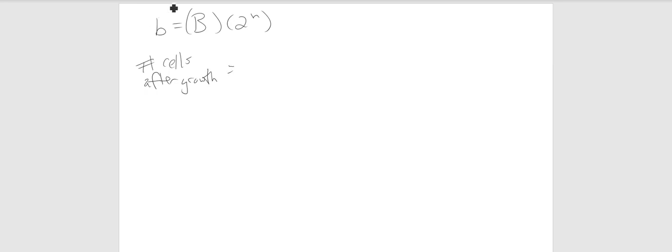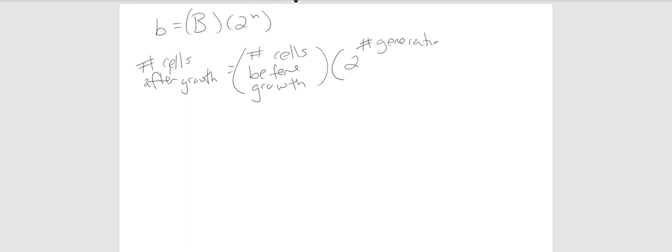And that equals big B, which was the number of cells before growth, multiplied by 2 to the number of generations, which is what n is.